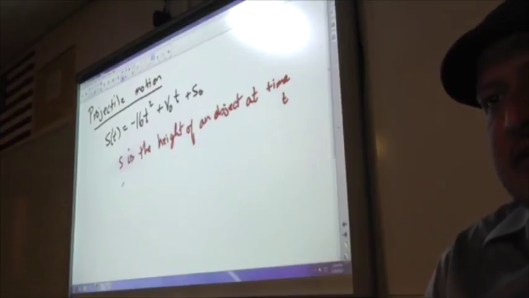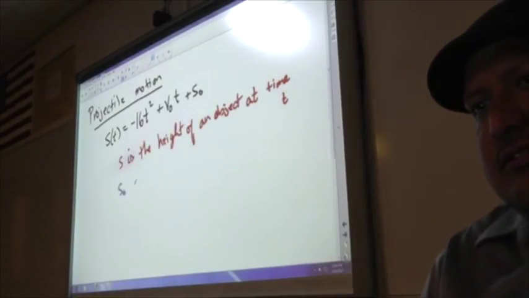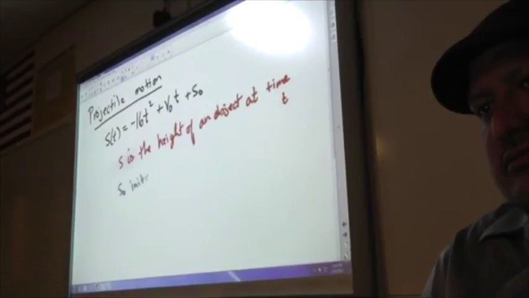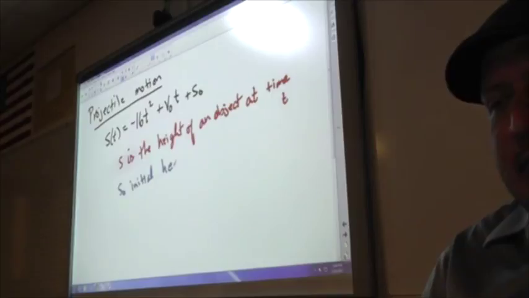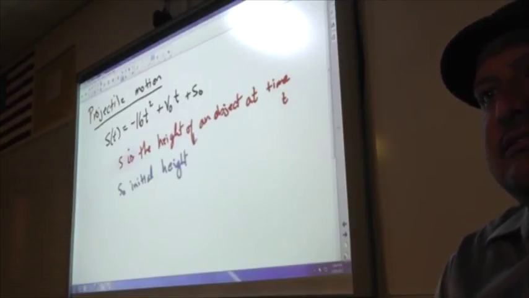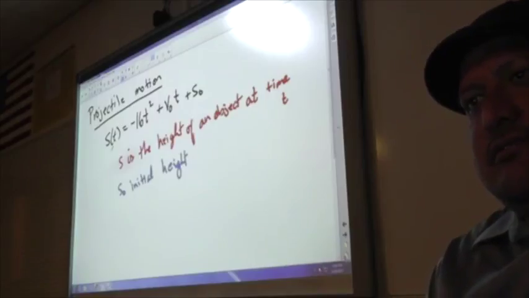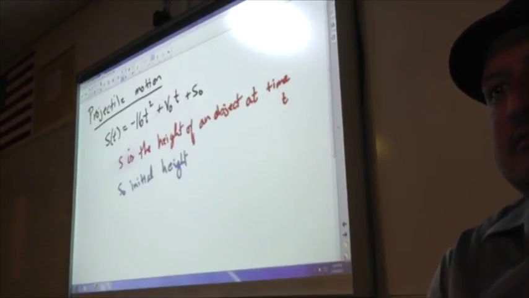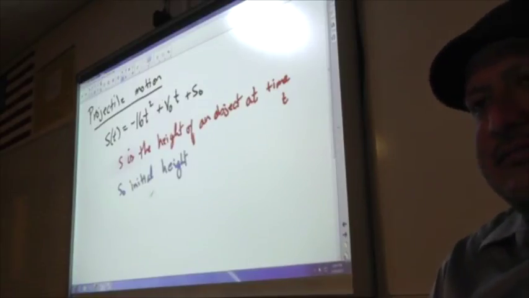And then we have S naught. S0 is the initial height. Is that plus 50 or plus S? S, yeah. There's no 5s in this at all, so all of them are S's.